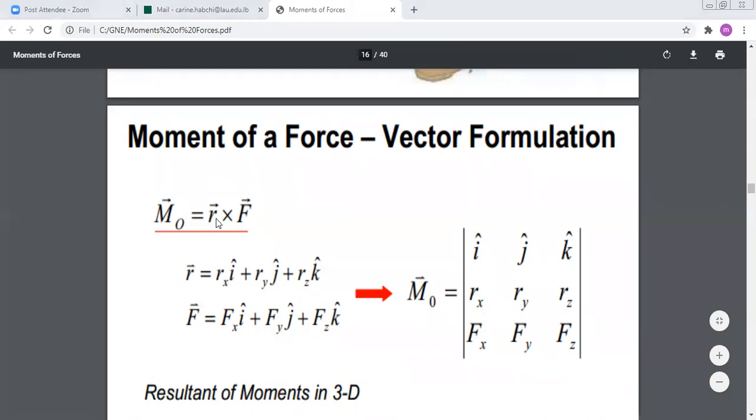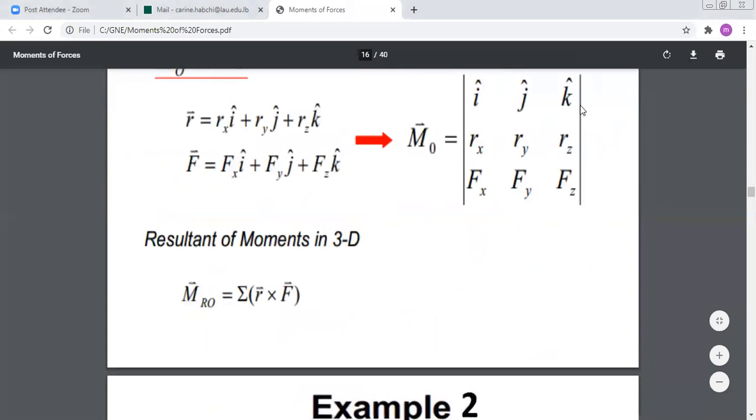First, I will put the matrix, put I, J, K in the first line. The second line represents the components of vector position r, so I put rx, ry, rz. And the third line is the components of vector f, fx, fy, fz. And now, applying the rule we have developed together, we can calculate the moment of any force about O.